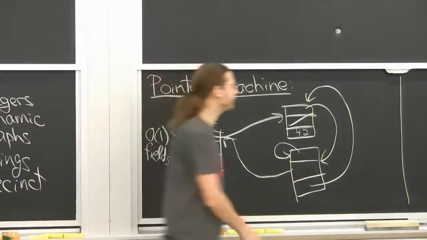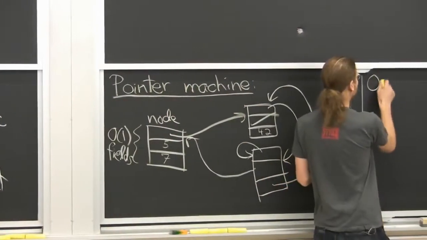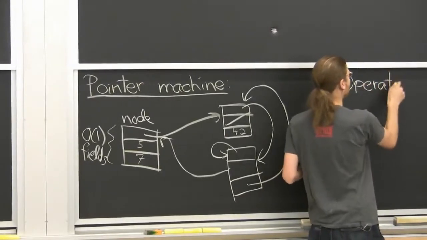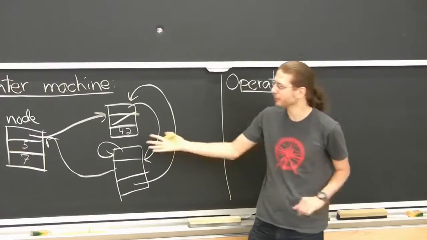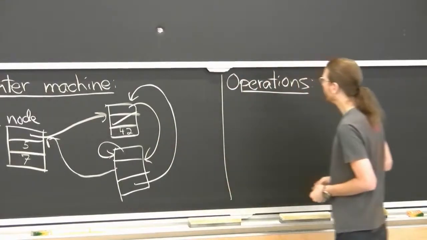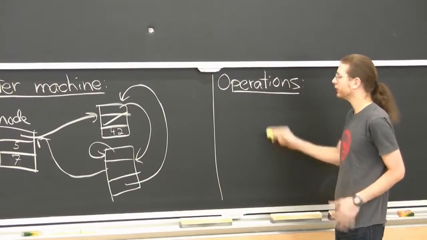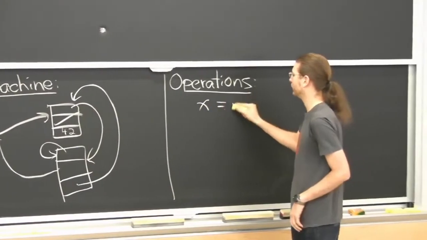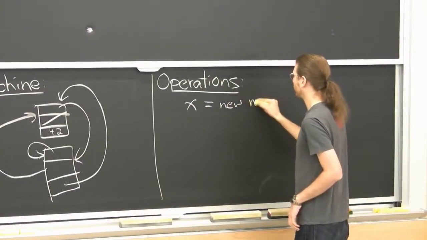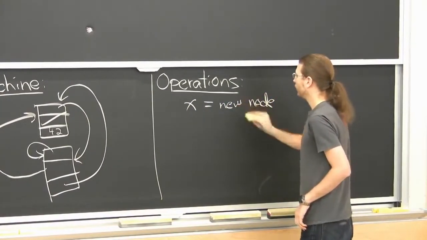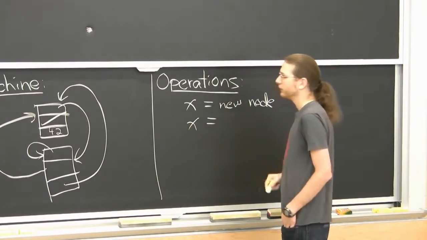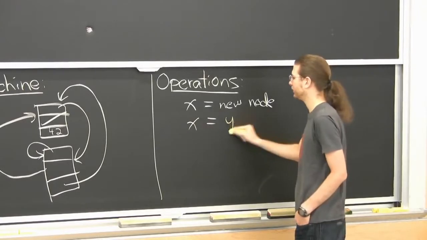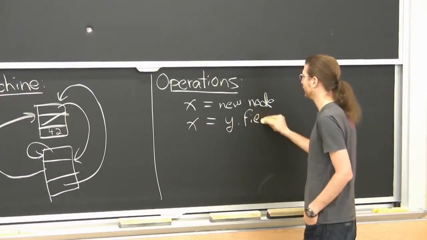And then you have some operations that you're allowed to do. That's the computation part of the model. You could think of this as the memory model. What you're allowed to do are create nodes. So you can say something like x equals new node. You can look at fields, so you can do x equals y dot field.